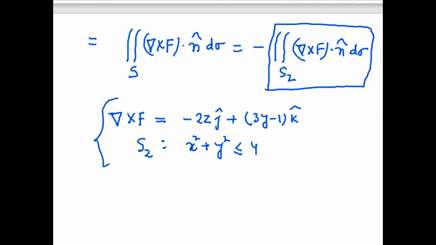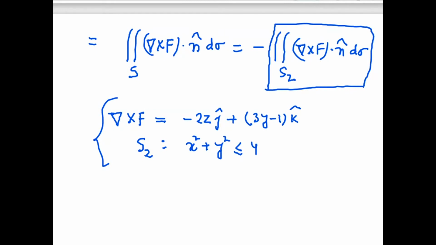Now how to do this right hand side? How to find the surface integral? In the first part we have seen how to do the surface integral. What is the formula for the surface? Yes, parameterization.